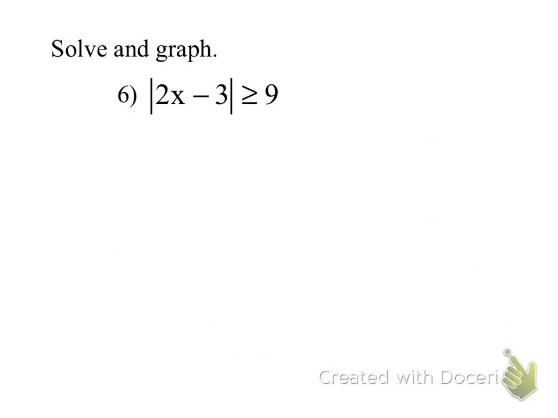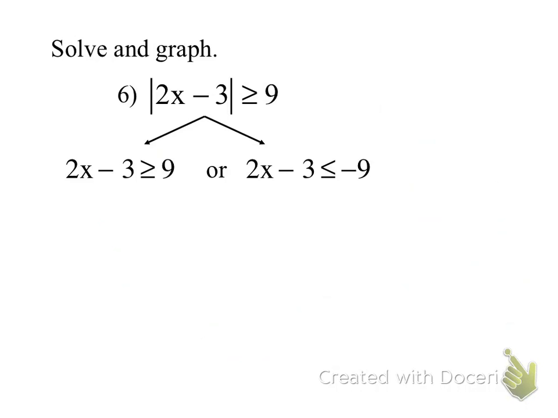All right, so this one, is this an and or an or statement? Should the answer on the graph be 2 lines or 1 line? 2 lines. Generally speaking, because it's a positive answer, it should be 2 lines. We're going to do the same thing. We branch out. Every time, are we noticing when I set it equal to the negative, like Nicole asked earlier, I switch the inequality sign. You with me?